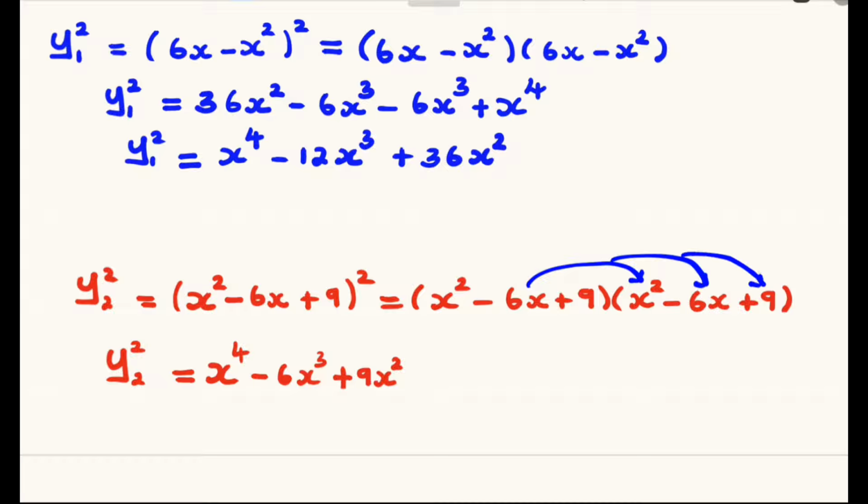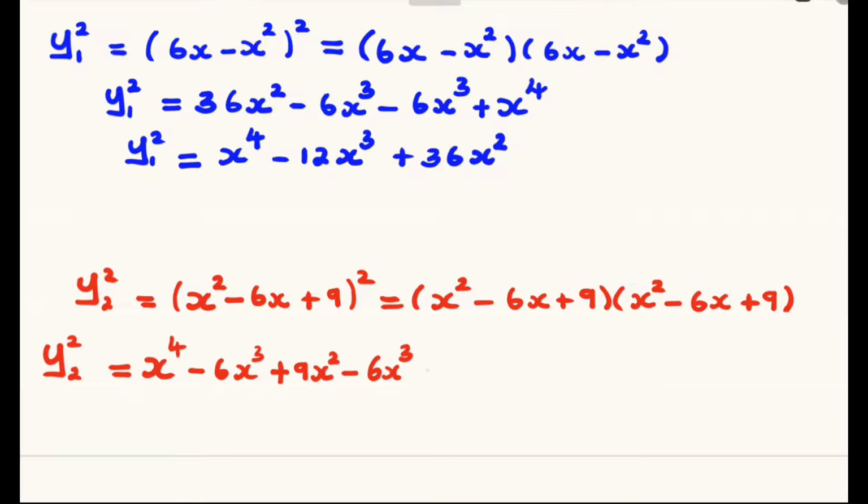Negative 6x multiplied by x squared will be equal to negative 6x cubed. Negative 6x multiplied by negative 6x is equal to positive 36x squared. Negative 6x multiplied by 9 will be equal to negative 54x.